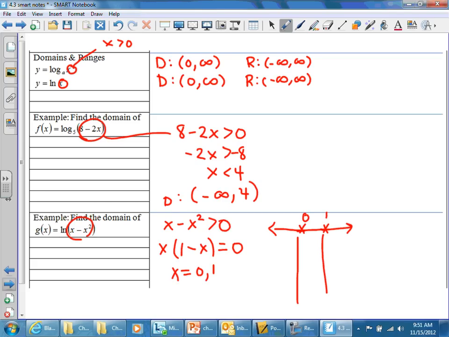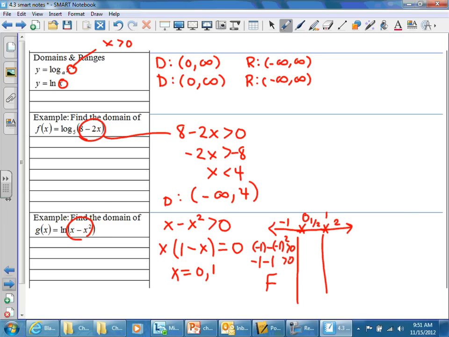So pick a value before and after. So I'm going to pick -1, half, 2. And let's go plug that in. So if I had -1 minus -1 squared, is that greater than 0? So that would be -1 minus 1, and that is false. That is not greater than 0.